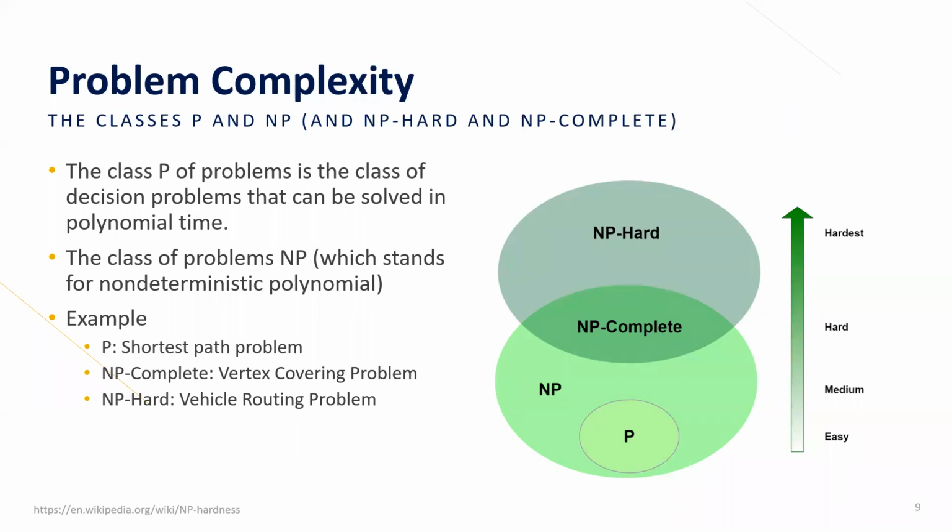It means that despite the growing problem size, the algorithm will always guarantee that the computational time for finding the optimal solution for that particular problem will still be reasonable.